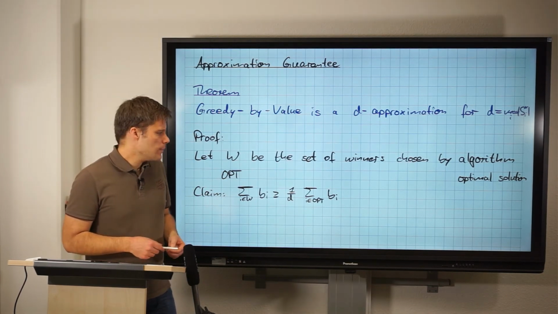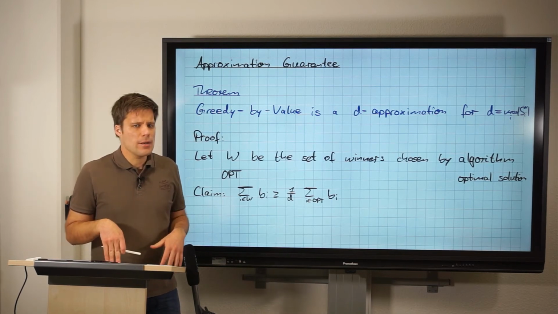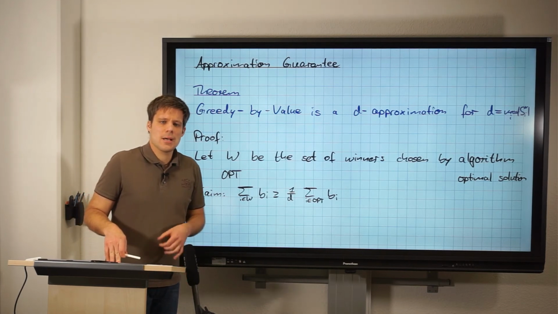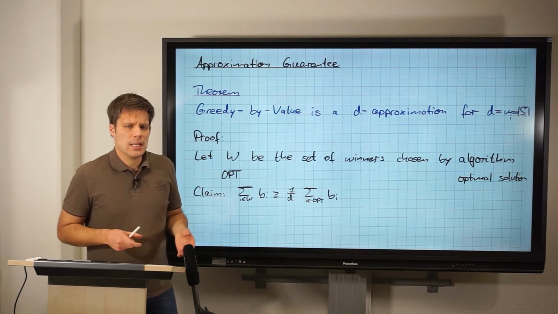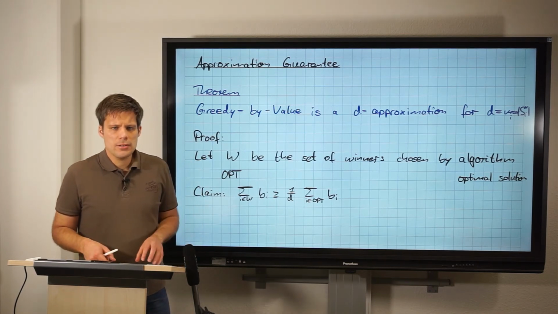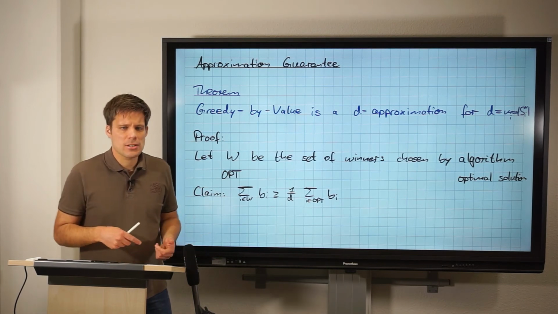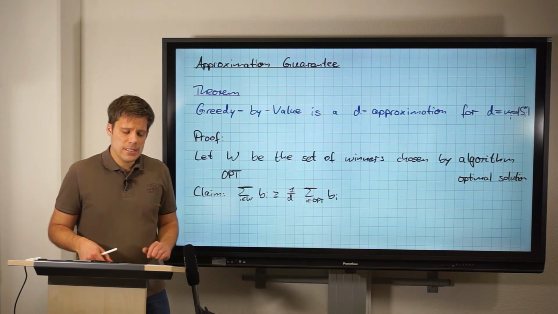Or you can say, okay, I'm just doing this on any sort of bids, and on these bids, I want to give a good approximation. This doesn't actually make any difference. The point eventually will be, combined with truthfulness, that in equilibrium we will maximize social welfare approximately within a factor of d.